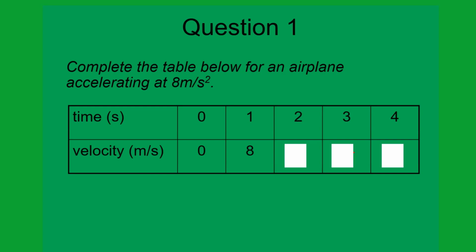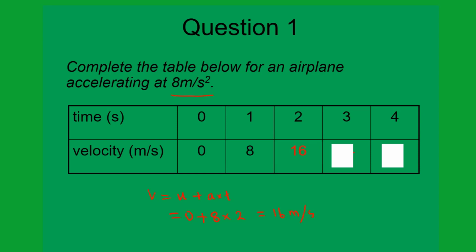We know final velocity v equals u plus a times t. Here u is initial velocity, which is 0, and acceleration is 8 meters per second square, and time is 2. So the final velocity after 2 seconds will be 16 meters per second.